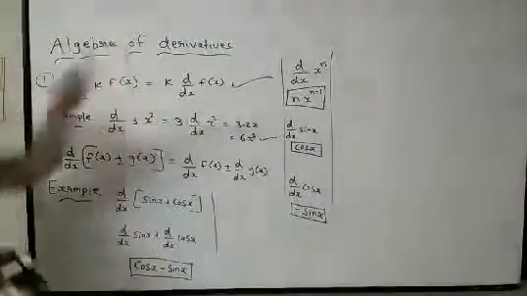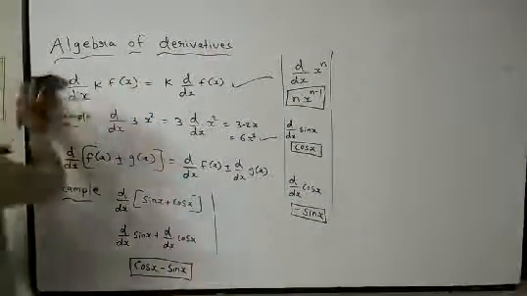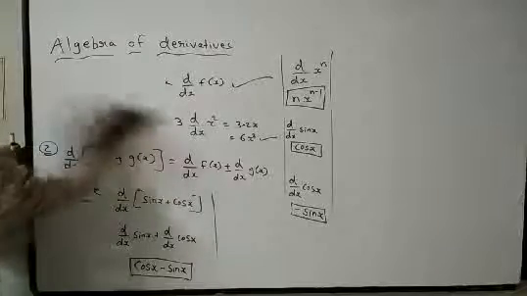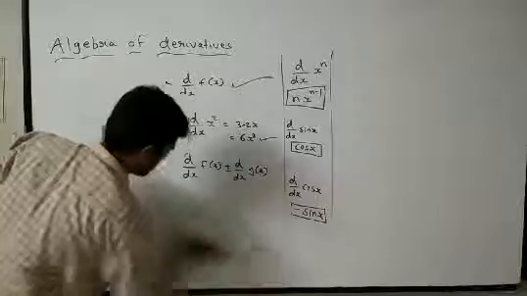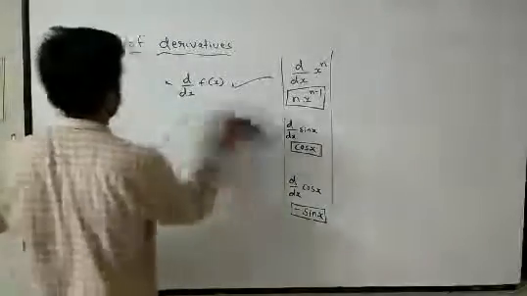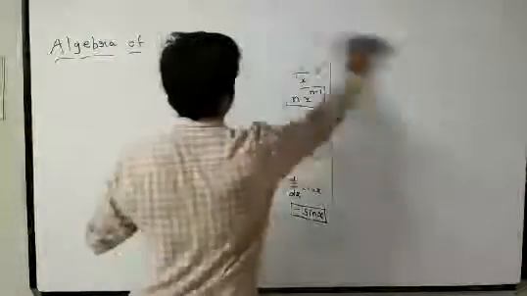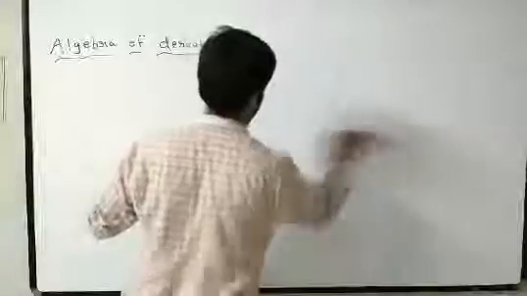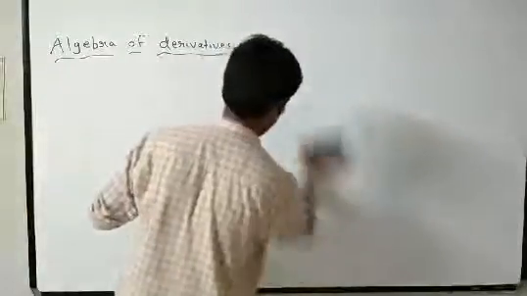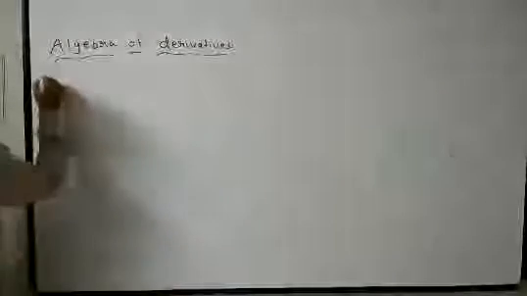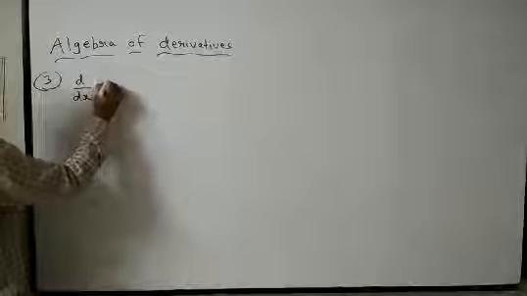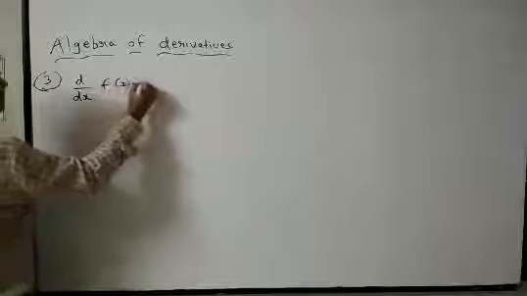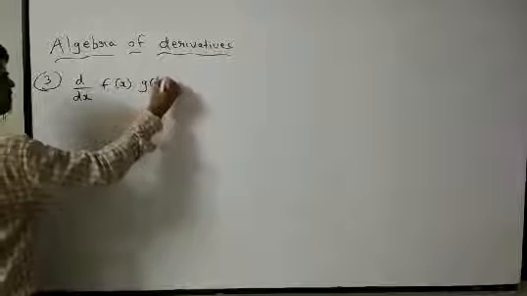Now third one we have, that is d by dx of f of x into g of x.